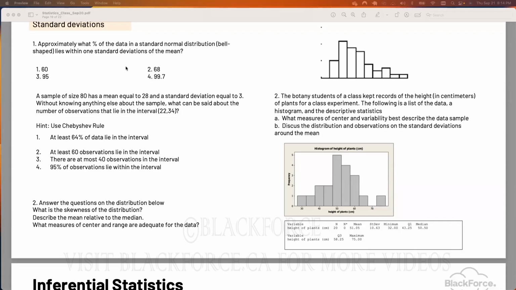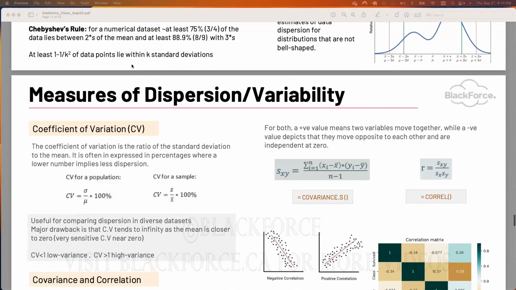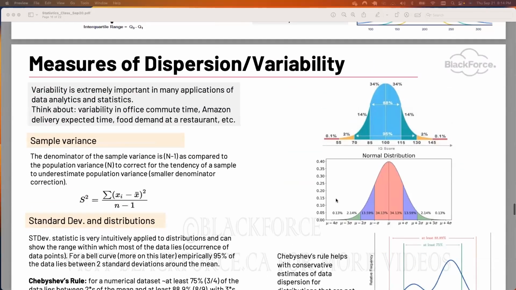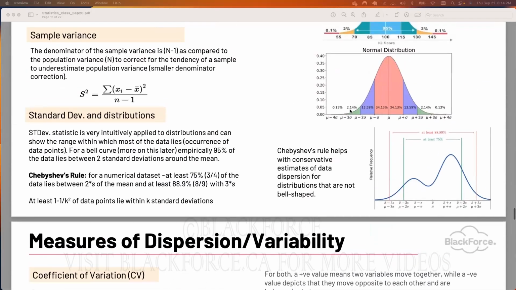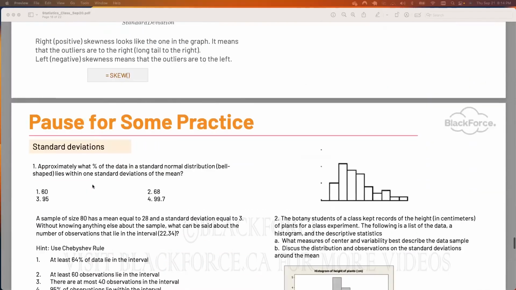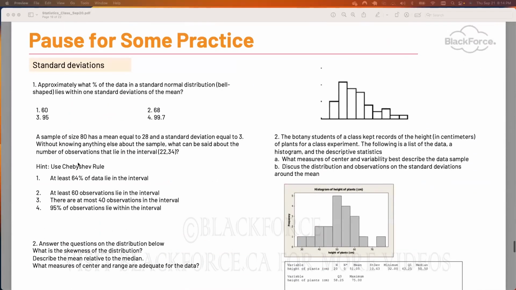So in this one, we're using this curve. But Chebyshev's rule is just an extension of the same idea to other distributions that are similar but not quite bell-shaped curves, right? So that's why the hint in the question is to use Chebyshev's rule. While what you're saying is correct for a standard normal distribution, the hint just says use Chebyshev's rule, just to test that we're able to apply that rule of thumb, right?